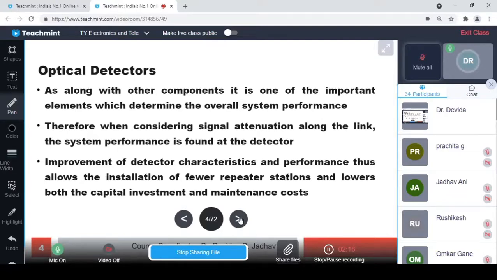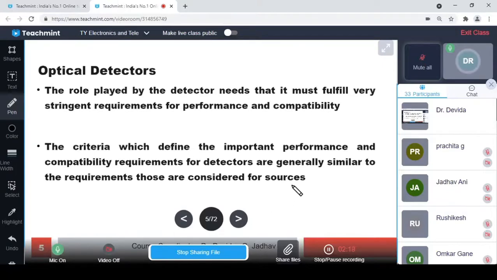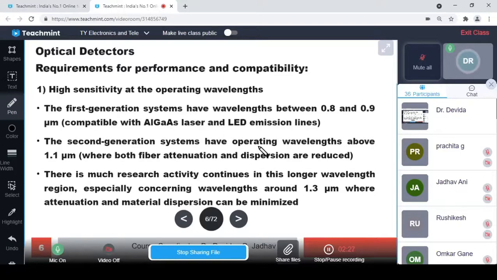Therefore it must have stringent requirements, and these requirements are very much the same as for the source. High sensitivity should be there. As the wavelength of operation increases, the fiber attenuation and dispersion reduce. Research is going on at higher and higher wavelengths beyond 1.3 micrometers, which can give further less attenuation and less dispersion.